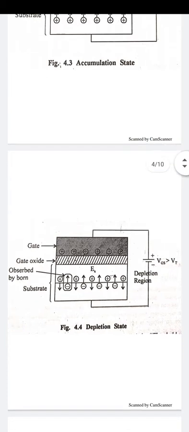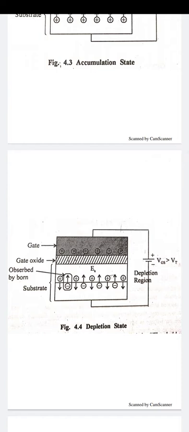In this diagram I show the positive voltage applied. Under this condition, the electric field exerts a force on the holes and pushes them away from the oxide layer, and exerts a force on the electrons in the upward direction. This creates a depletion region in the semiconductor near the surface, consisting mainly of negative charged acceptor ions. This region is called the depletion region.